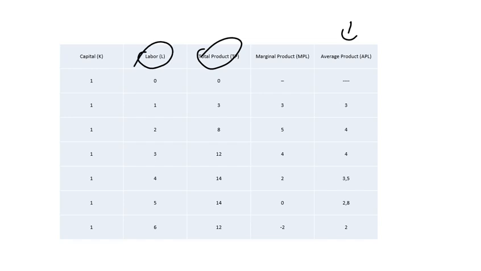So, for example, when the workshop has 4 workers, it produces 14 units, which means on average the workshop produces 14 over 4, which is 3.5.